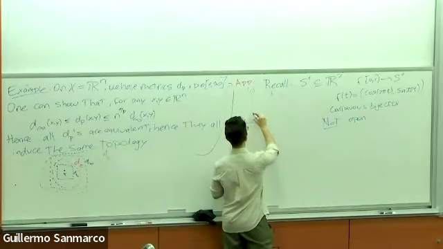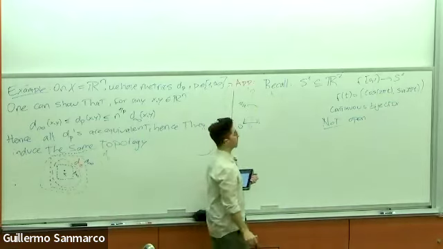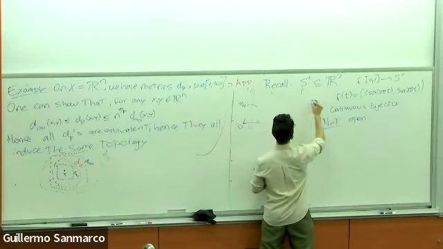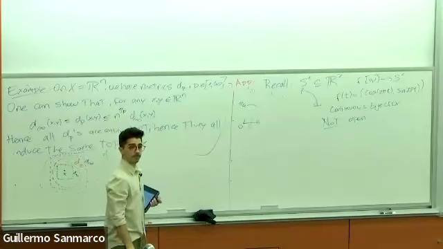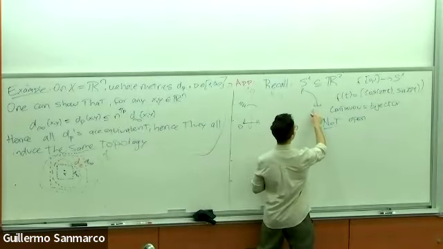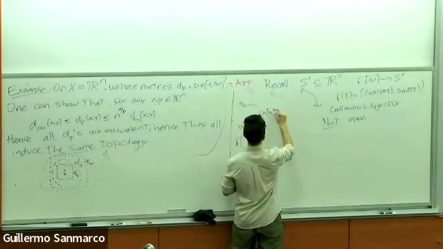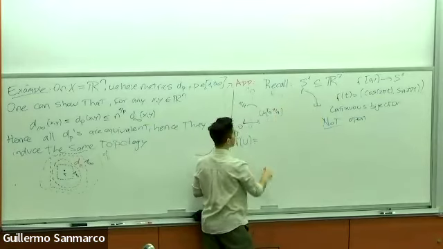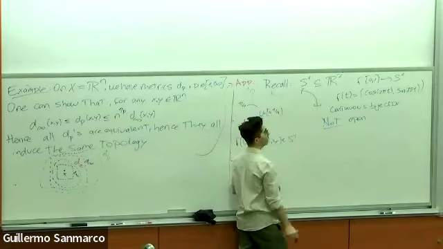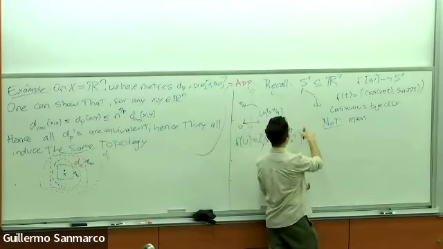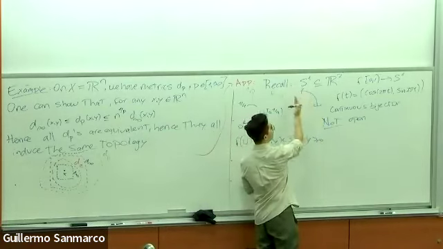Because if you take this guy here, let's go from 0 to 1 over 4. The image of that is going to give you this set. If this is u, which is 0, 1/4, f of u is going to be points in S1 where we want y to be bigger than or equal to 0, and x to be positive.